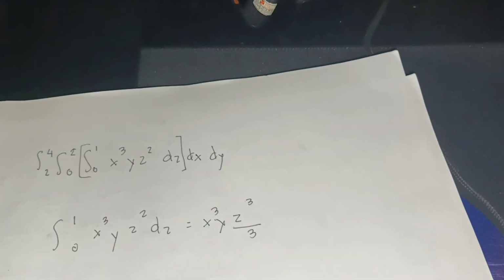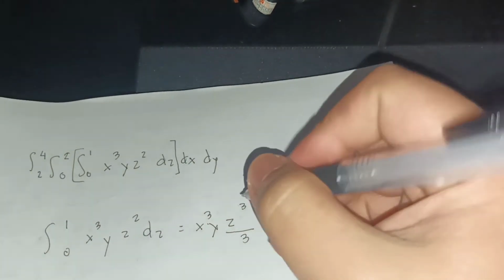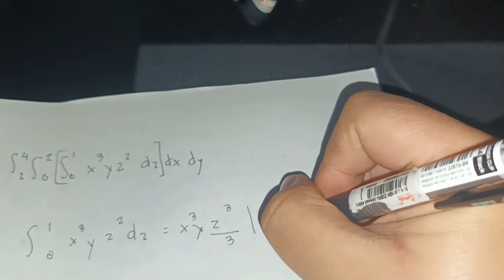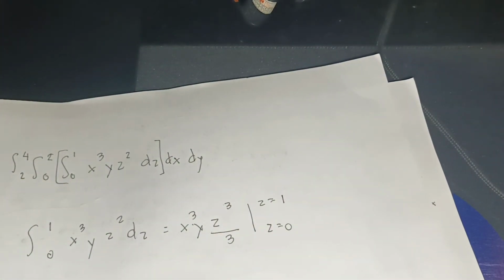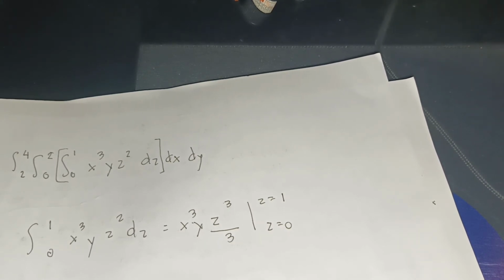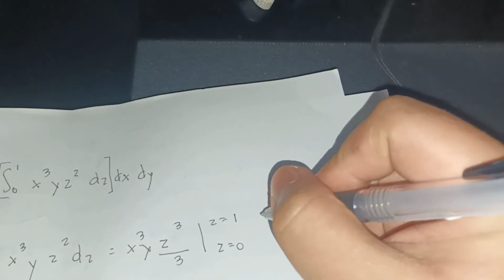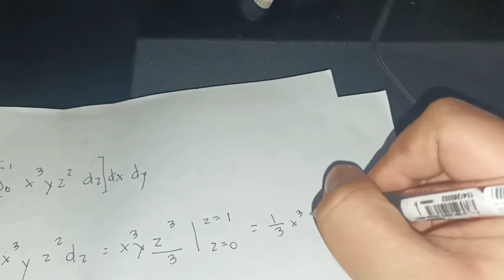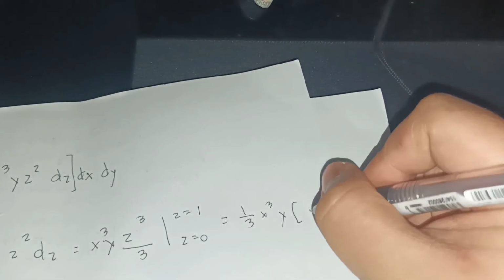We have that, and then we will evaluate our limits, z equals 0 and z equals 1. Then it will now become 1 to the third here. Take this out, x cubed y, and then evaluate our limit, also our antiderivative.